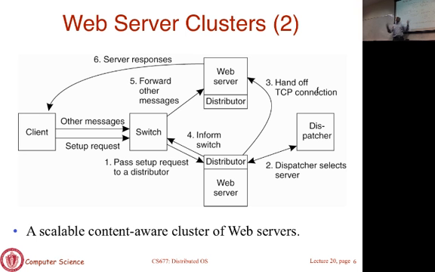In that case, you are better off doing the load balancing using DNS. Because if you send it to the switch, the whole point is you want to reduce latency. The switch is a centralized component. All requests have to come here and then be sent out to the West Coast. It doesn't help with the latency. So if you have really geographically distributed applications, you use DNS to load balance. If the application is distributed inside a data center, you use a switch and a dispatcher.